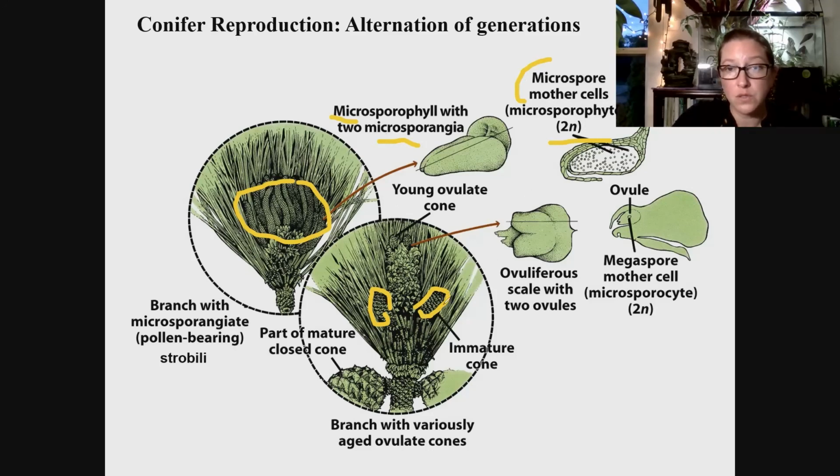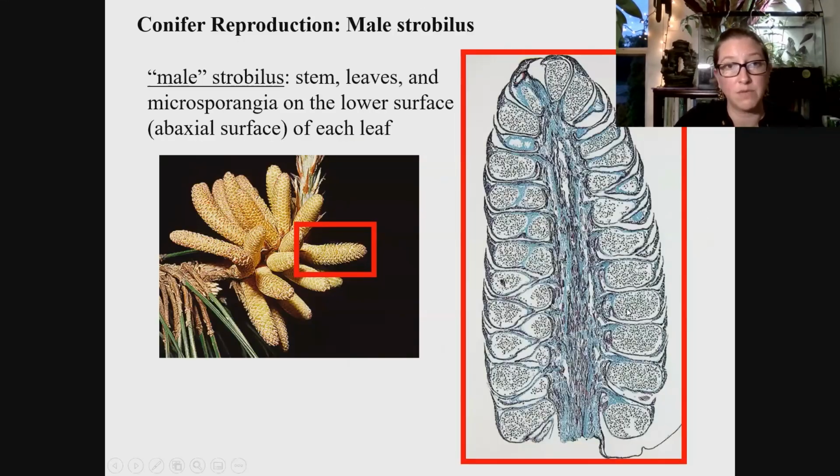On the cones, you have ovules, and in each ovule, you have a megaspore mother cell, which is 2N. And the megaspore mother cell is what undergoes meiosis to make the megaspore, which will grow into the female gametophyte.